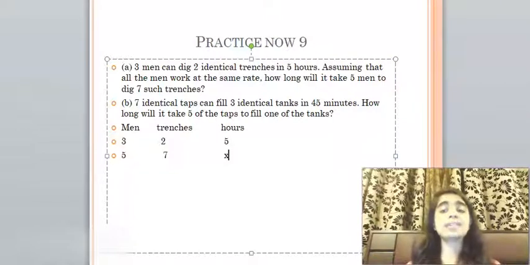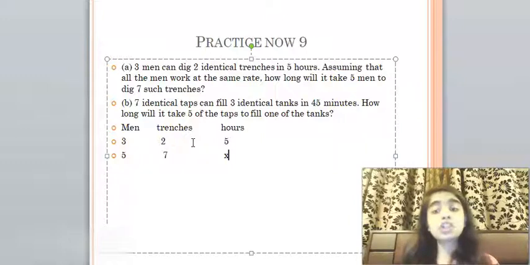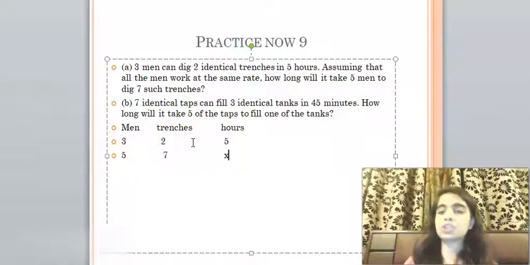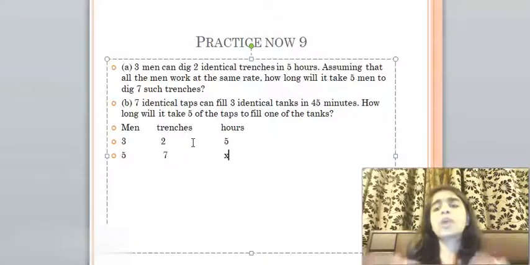Let's keep that as x. Now men and trenches, what do you think? Are men directly proportional to trenches or inversely proportional to trenches? Yes, they are directly proportional. Why? Because when I increase the number of trenches, for example, I am employing 2 men for 1 trench, so if I make it 2 trenches, then I would need 4 men.